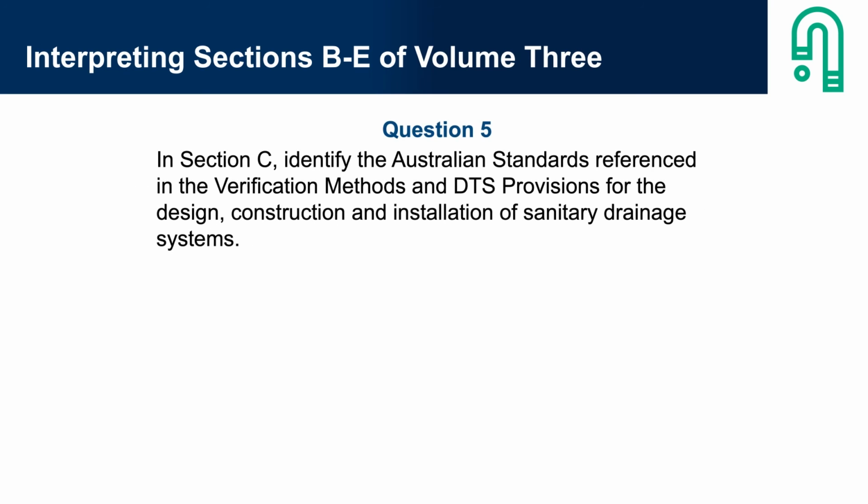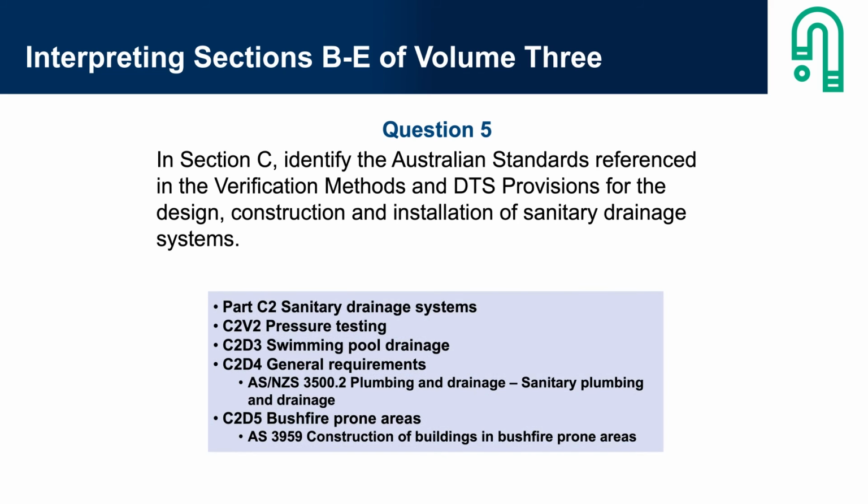Question 5. In Section C, identify the Australian standard referenced in the verification methods and DTS provisions for the design, construction and installation of sanitary drainage systems. Part C2, Sanitary Drainage Systems. C2V2, Pressure Testing. C2D3, Swimming Pool Drainage.